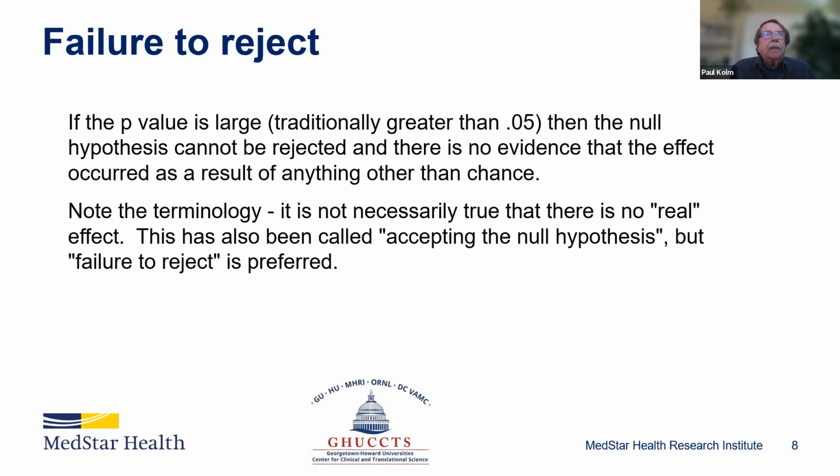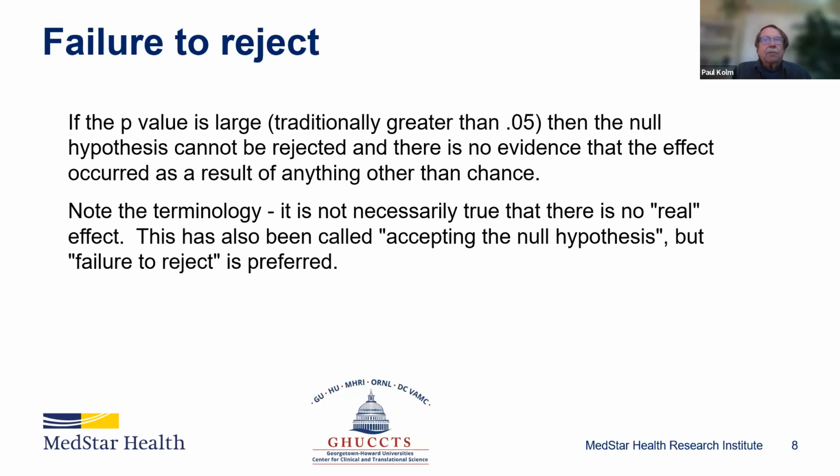If we can't reject the null hypothesis, and if our p-value is traditionally greater than 0.05, then all we can say is that there's no real evidence that the effect occurred as a result of anything other than chance.